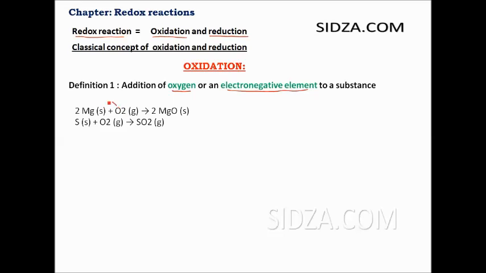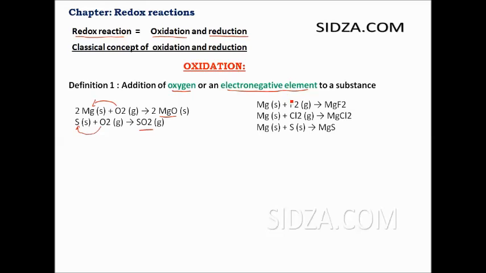Addition of oxygen to the magnesium is oxidation, which means that magnesium is getting oxidized. Similarly, sulfur is also oxidized because sulfur gets oxygen and forms sulfur dioxide. So addition of oxygen or any other electronegative element is called oxidation.